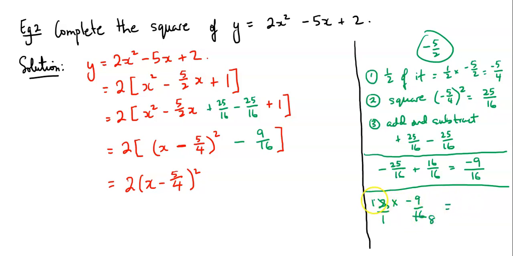So 1 by minus 9 is minus 9, 1 by 8 is 8. We have minus 9 over 8, and we insert this here. So our complete answer: 2x squared minus 5x plus 2 is equal to 2, open brackets, x minus 5 over 4 squared, minus 9 over 8.